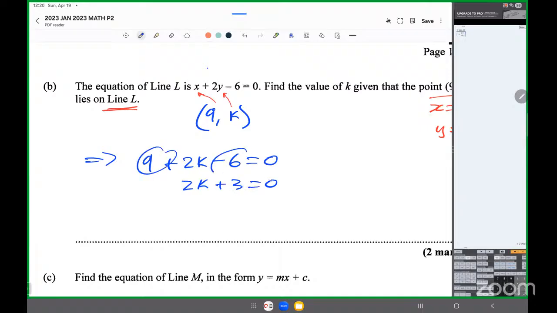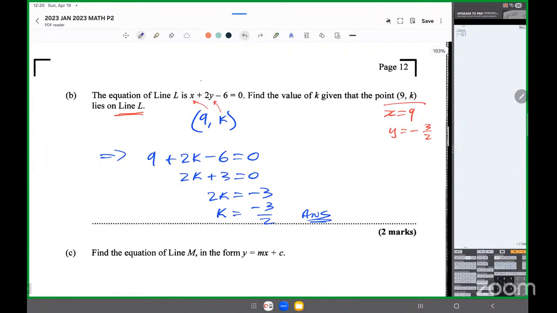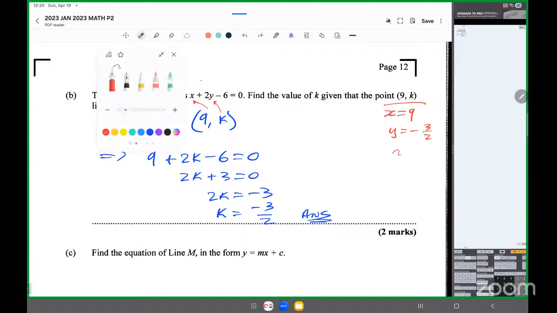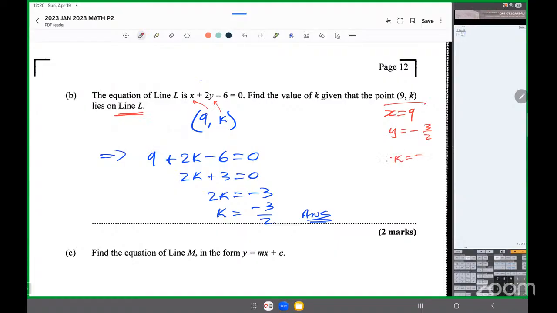I carry over the 3 and get 2k equals negative 3. Then divide by the 2. See there? k equals negative 3 over 2. That's the answer. Same thing we got. The y value is that. So therefore, k is negative 3 over 2.